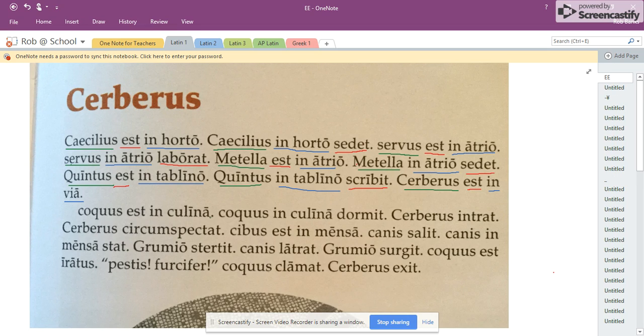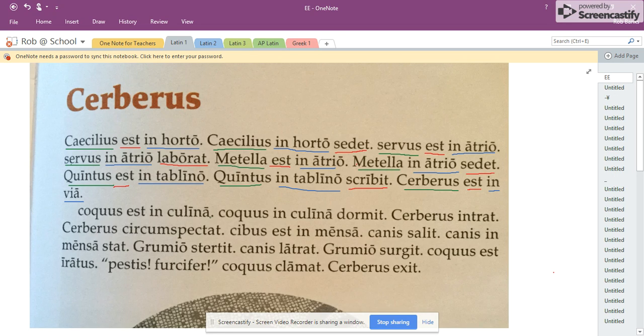Est is, in colina, prepositional phrase, in the kitchen. Cocus, the cook, is in the kitchen. Cocus in colina dormit. Right, that same pattern, the subject first, the verb last, everything else, and in this case, again, it's a prepositional phrase in between. So the cook sleeps, right? The cook in the kitchen sleeps, or in English we would say the cook sleeps in the kitchen, probably, right?